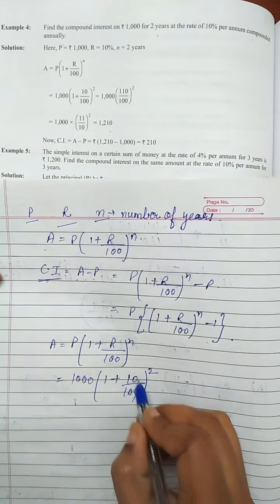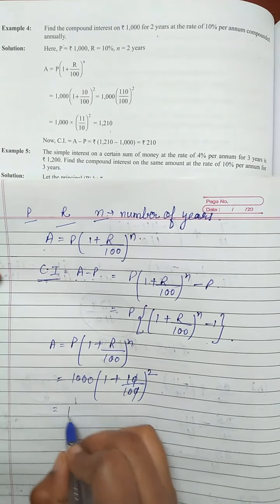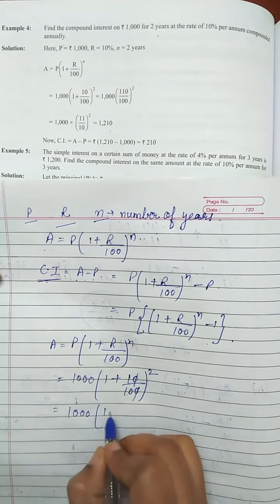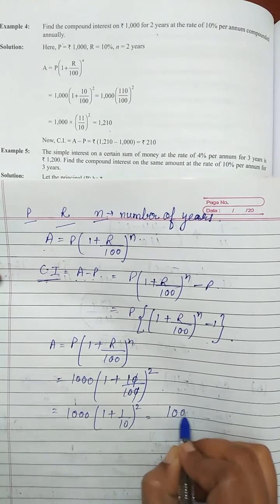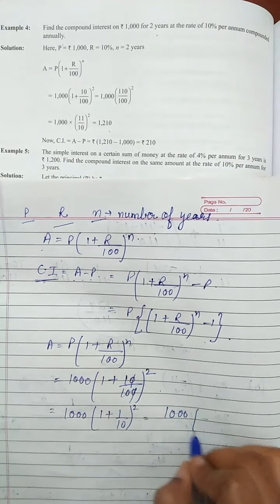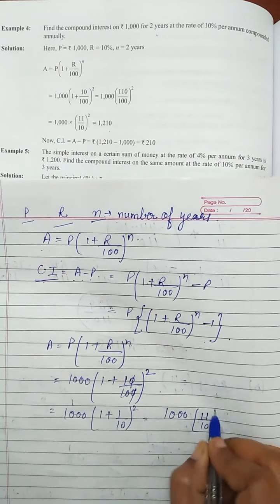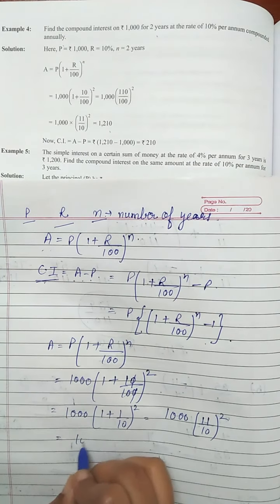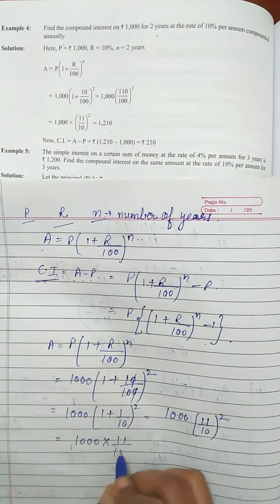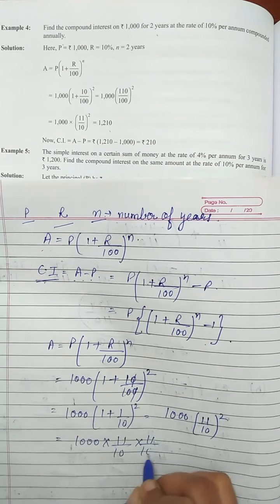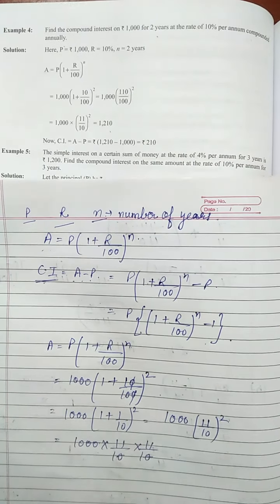Okay, so we solve it. 0 cancels with 0. 1000 times 1 plus 1 upon 10 raised to power 2. 1000, take the LCM, 11 upon 10 raised to power 2. Now we open it. 1000 multiplied by 11 upon 10, 11 upon 10. 2 zeros cancel with 2 zeros.